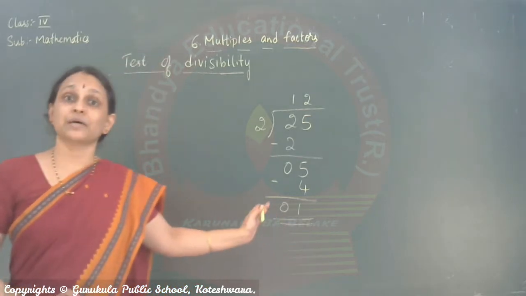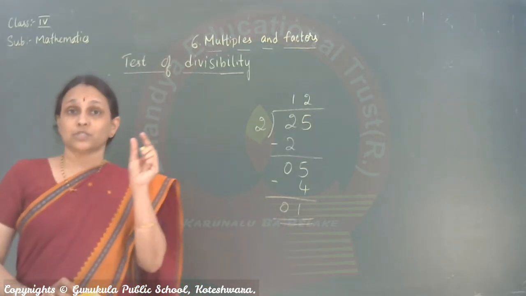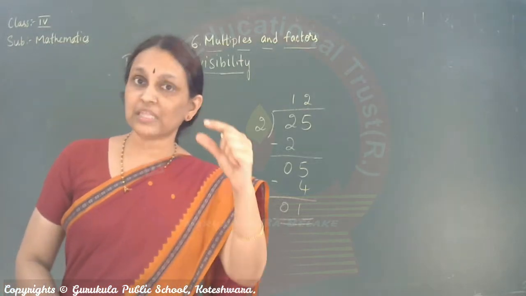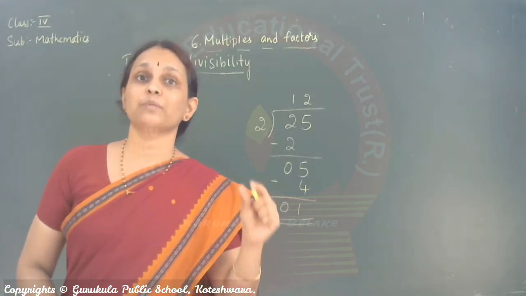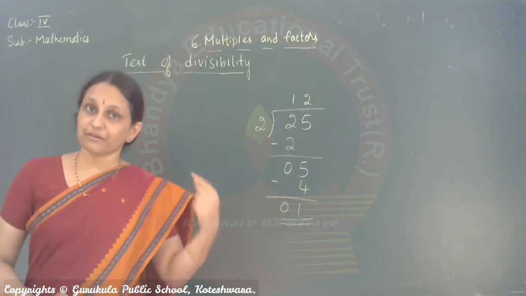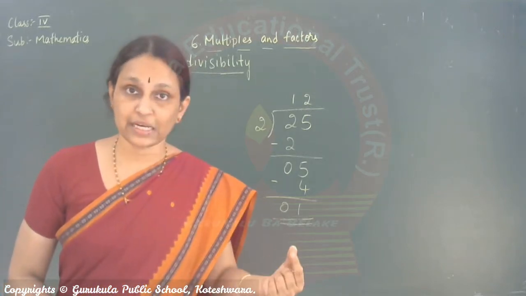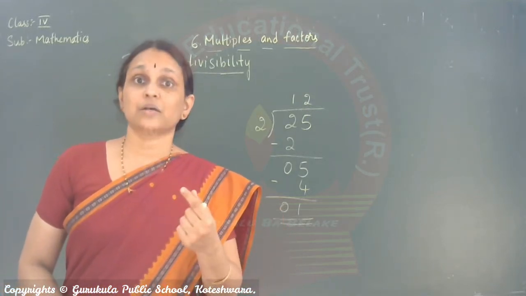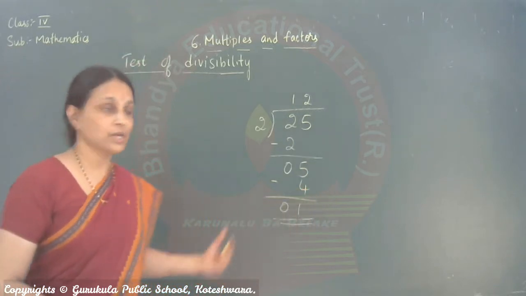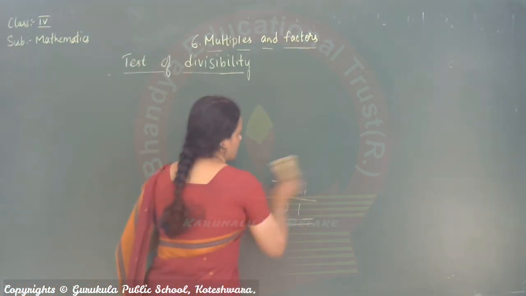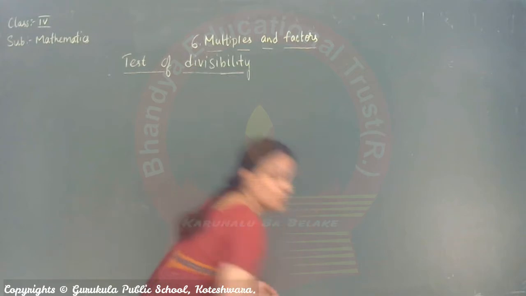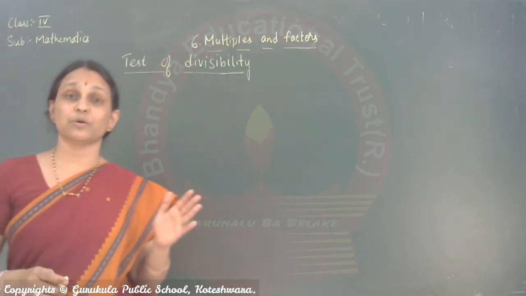But we have some tricks or shortcuts where you can just see the number and tell whether it is divisible by 2, by 5, or by 10. These three numbers we will learn first. Let me tell you how to find out whether it is divisible by 2.